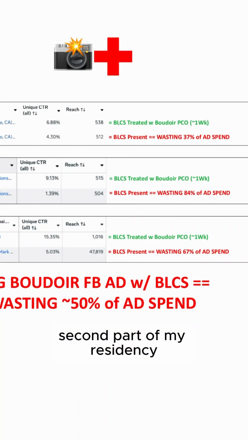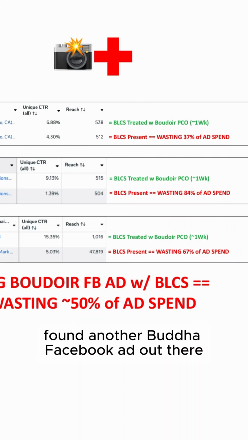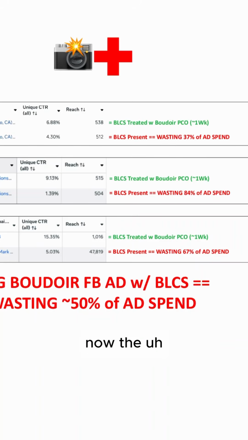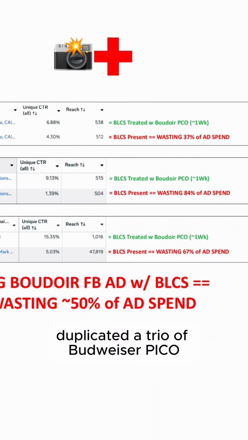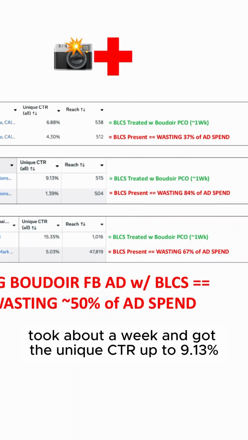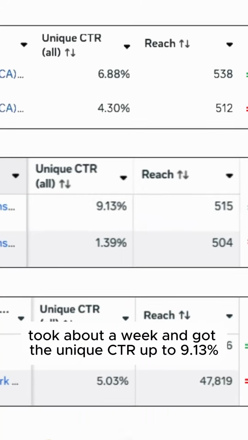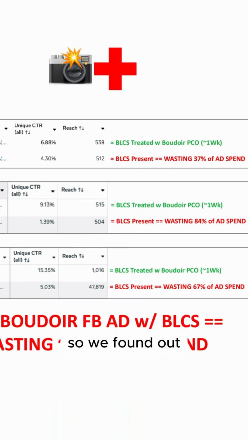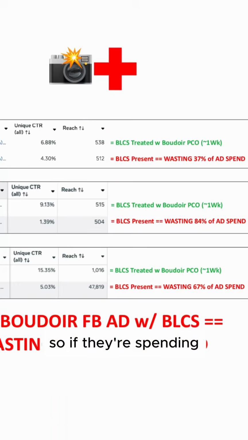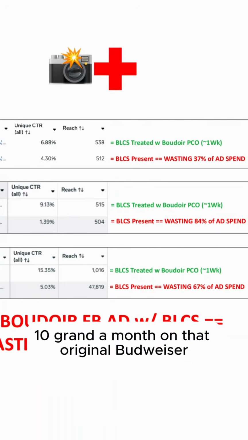Second part of my residency, found another Boudoir Facebook ad out there. Unique CTR 1.39%. Unique CTR under 6%, we know that BLCS is present. Now we duplicated it, treated it with Boudoir Pico, took about a week, and got the unique CTR up to 9.13%. So we found out the original Boudoir Facebook ad was wasting 84% of ad spend. So they're spending 10 grand a month on that original ad.